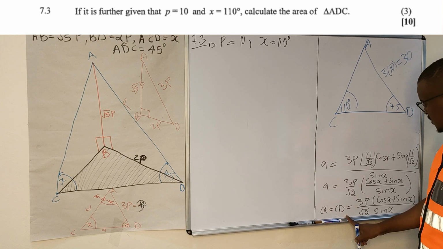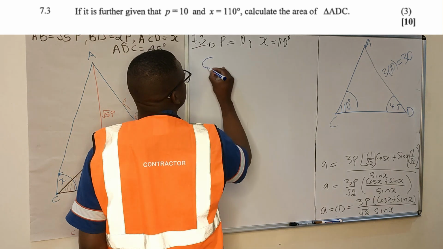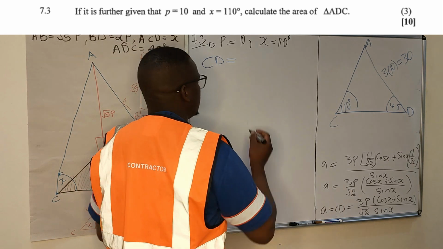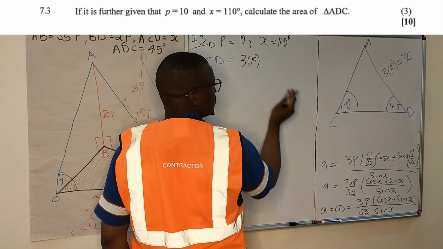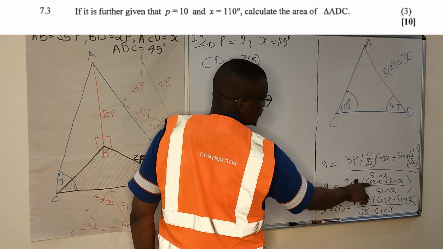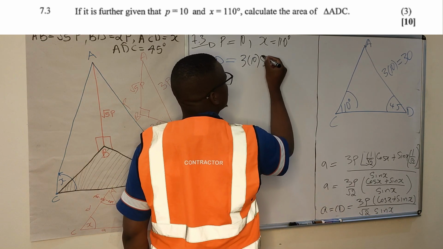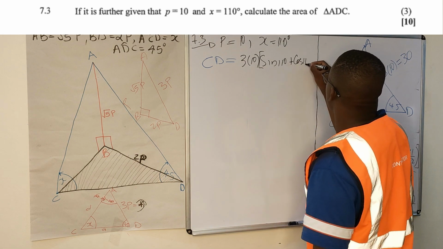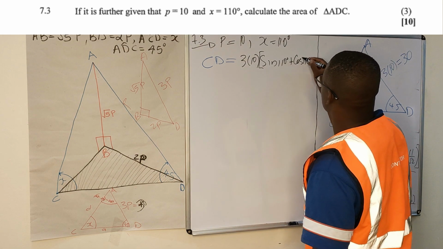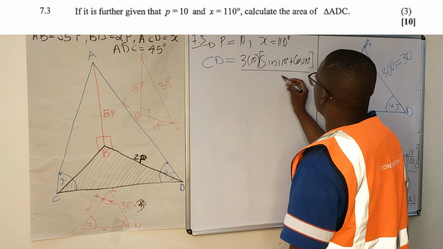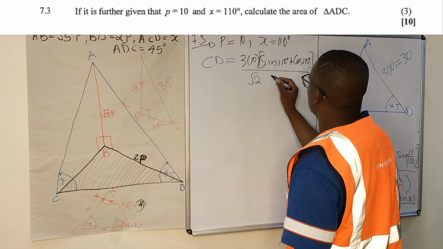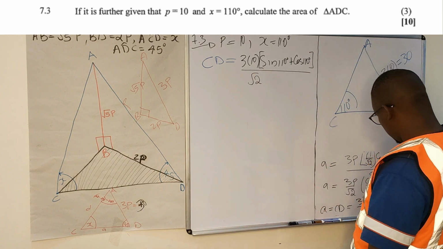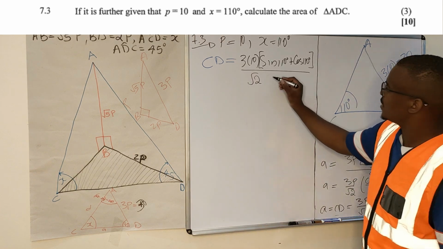So let's go and find the value of CD. So CD is equal to 3P, 3 times 10, sine 110 plus cos 110 all over root 2 sine 110.